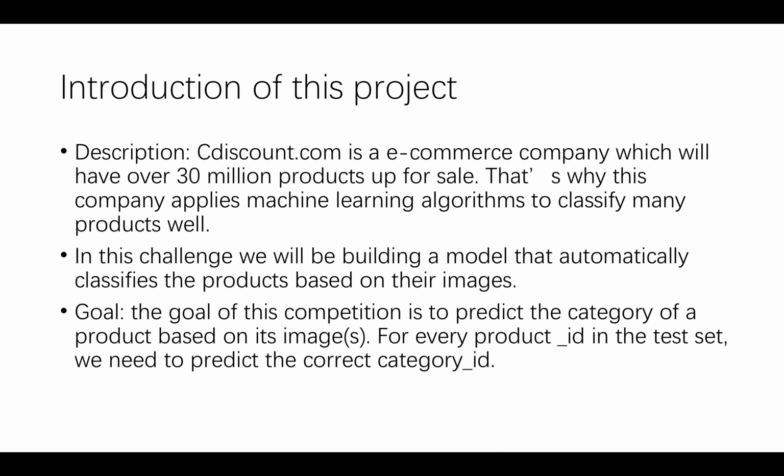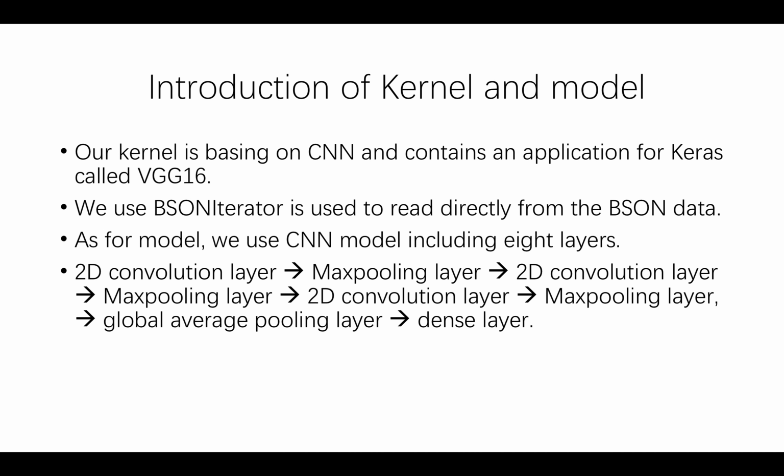In this challenge, we will build a model to train on this data and try to classify these products based on their images. Our goal is to find which image belongs to which category and predict the category IDs.